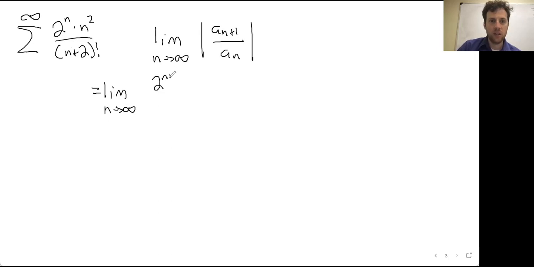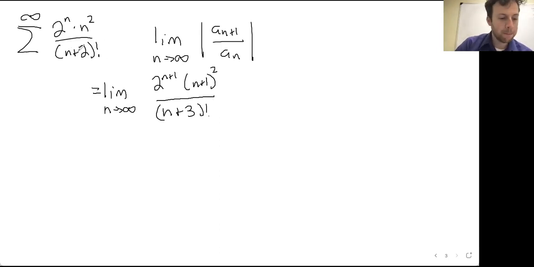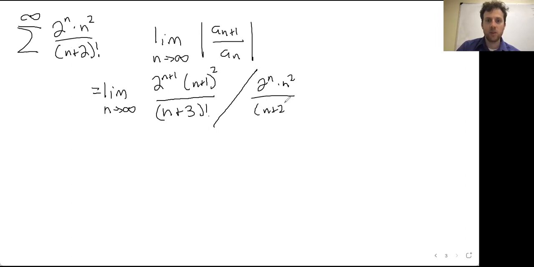So that's 2 to the n plus 1, n plus 1, that whole thing is squared, and then n plus 3 factorial. Since it's already n plus 2, we add 1 to that. And that whole thing is divided by just this term, 2 to the n times n squared over n plus 2 factorial.